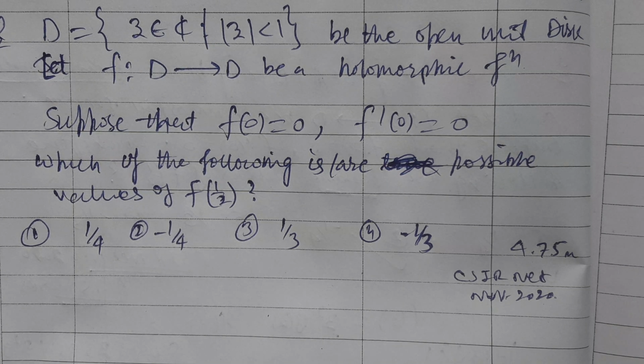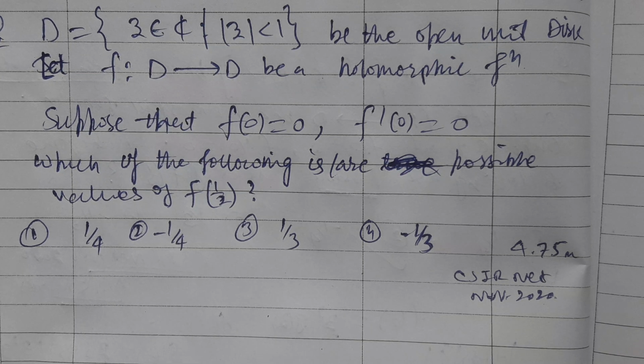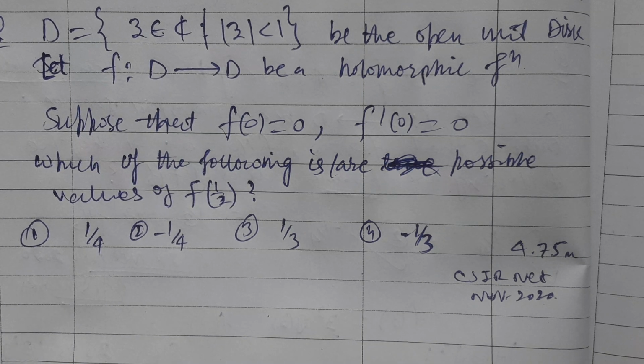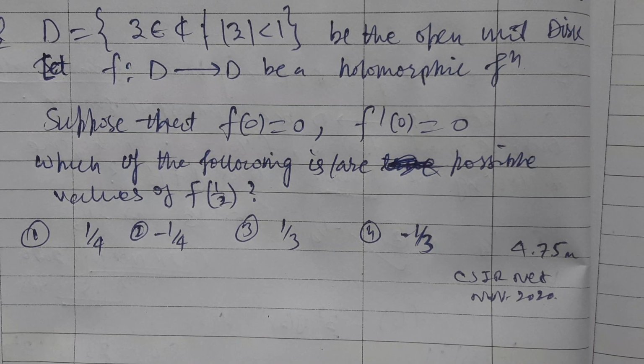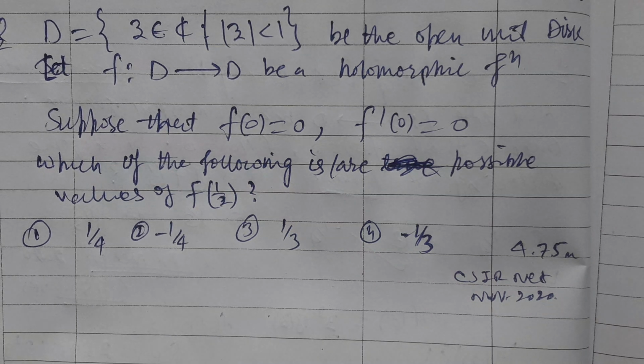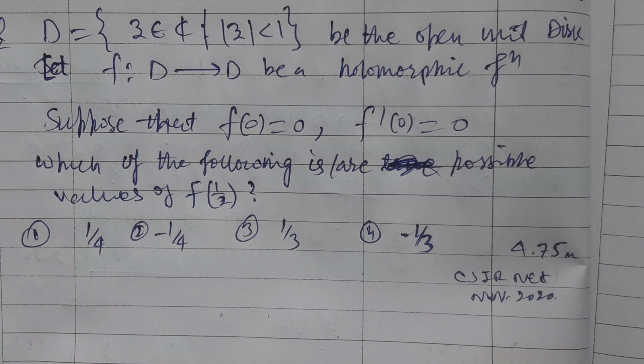How to approach this problem? Firstly, the domain of the function is given, which is nothing but the open unit disk, and I hope everyone is familiar with the unit disk on the complex plane. I need not draw that.